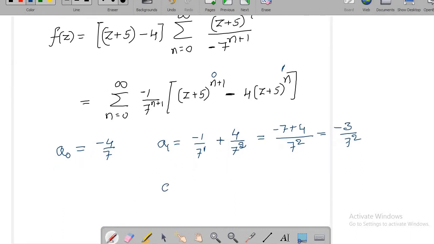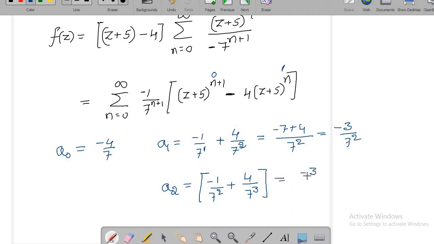And look at a2. a2, that is the coefficient of z plus 5 whole square, when n equal to 2 here, and when n equal to 1 here. So be careful. Negative 1 by 7 square, minus into minus, plus 4 by 7 cube.